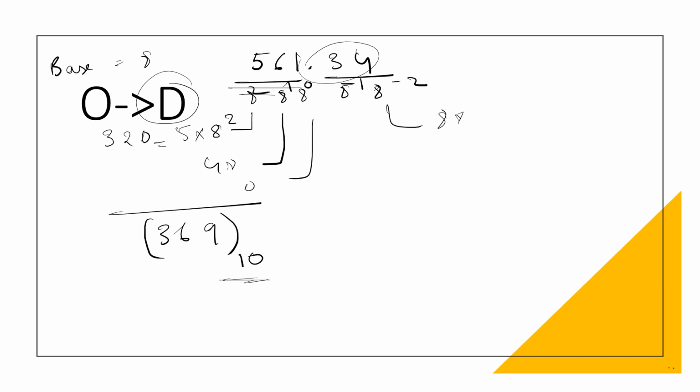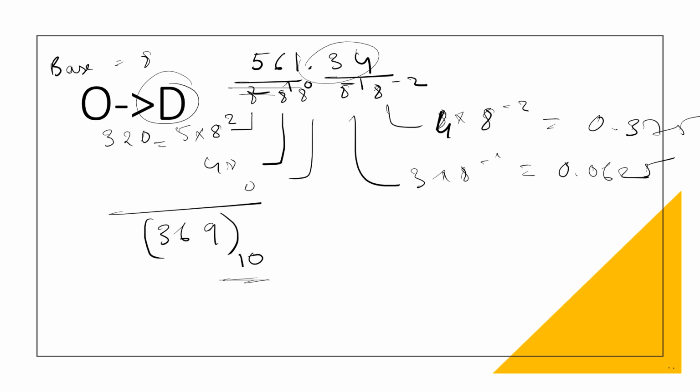This will become 4 into 8 to the power minus 2 and 3 into 8 to the power minus 1. This is 0.0625 and this is 0.375. On adding this we get 0.4375.